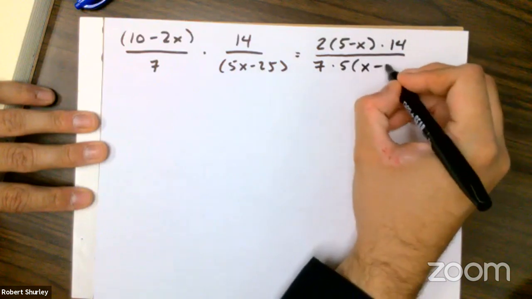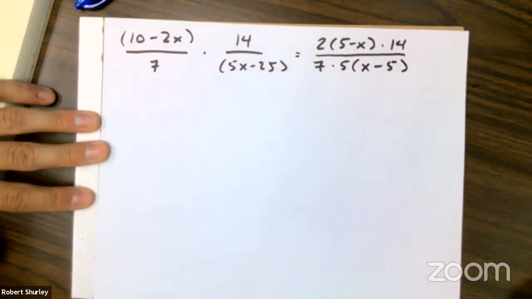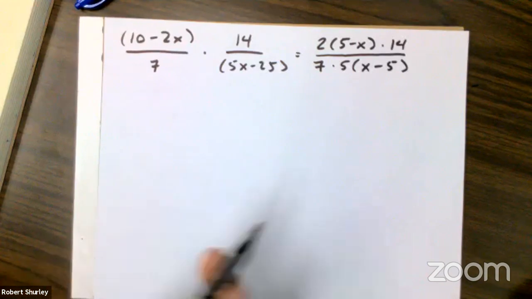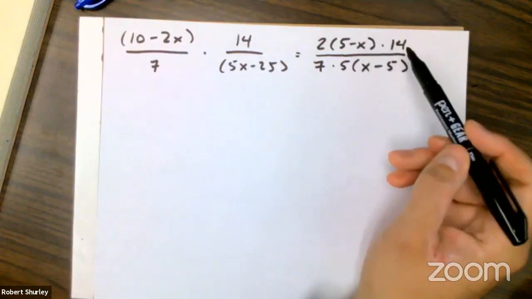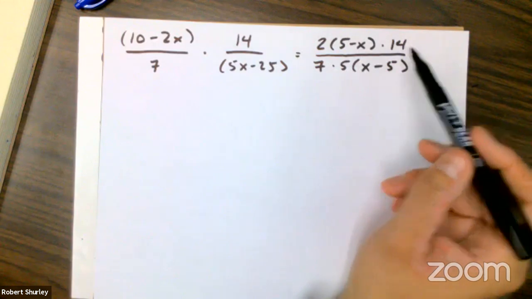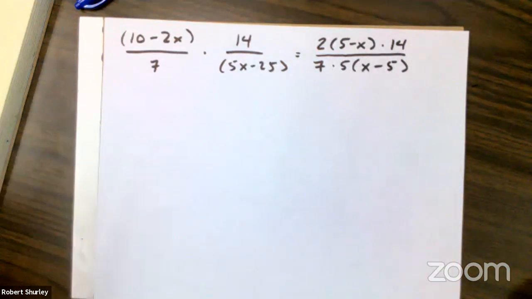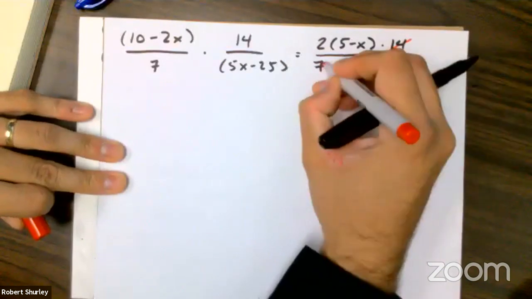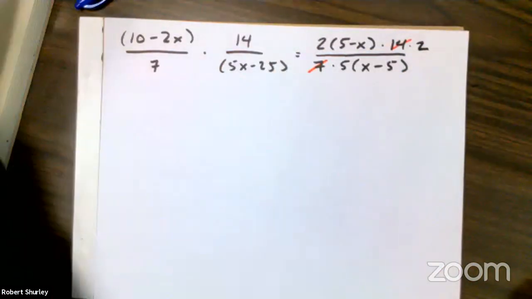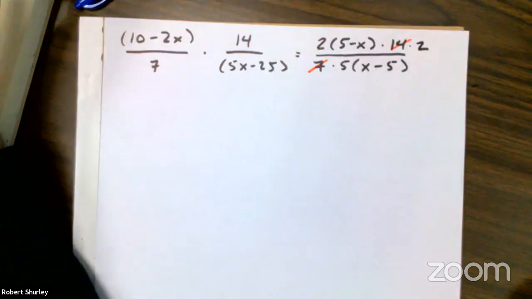And I'm left with x minus 5. I don't know how you learned how to simplify fractions, but the 14 and the 7 will cancel, and it's going to leave me with a 2 up top, because 14 divided by 7 is just 2.